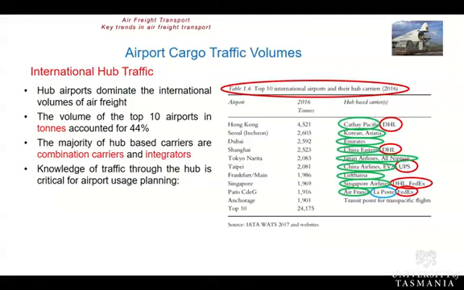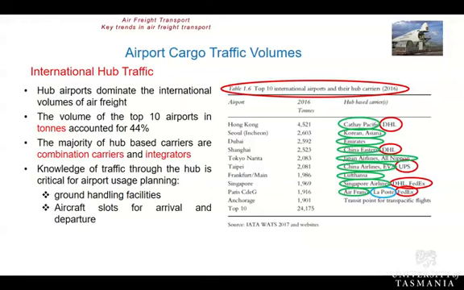So for an airline that's using the hub, they need to plan the volumes in terms of ground handling facilities, also airport slots for arrival and departure. One of the biggest challenges and negatives of a hub is the fact that most of those hubs have very few slots for new aircraft arrivals. So that's a critical issue for anybody who's using those hubs.